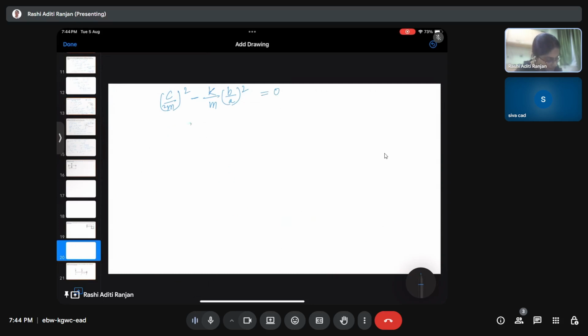So we have C by 2M is equal to under root of K by M into B by A. This implies Cc is nothing but twice of B by A under root MK, right? This is what we are going to get.